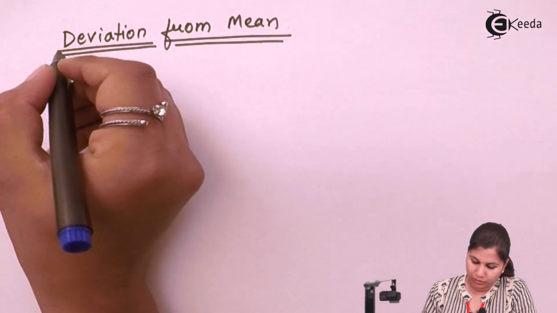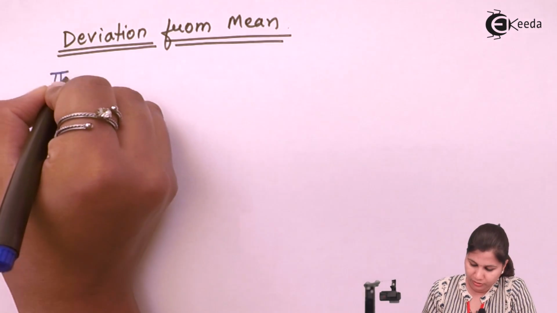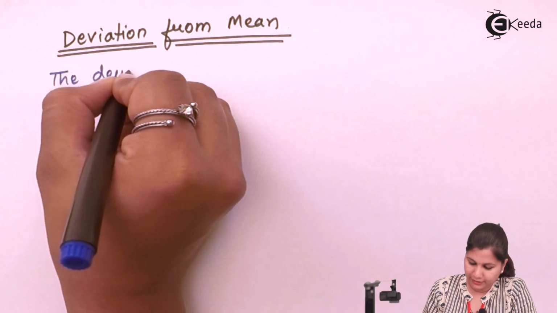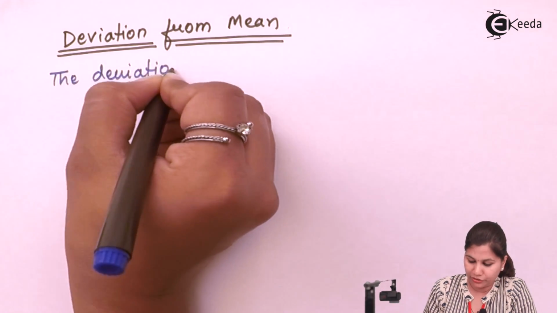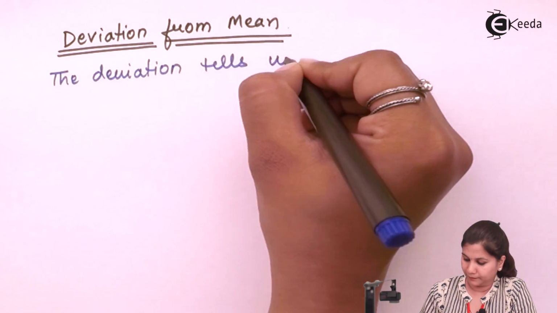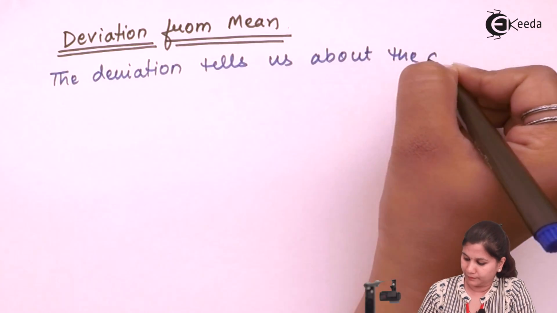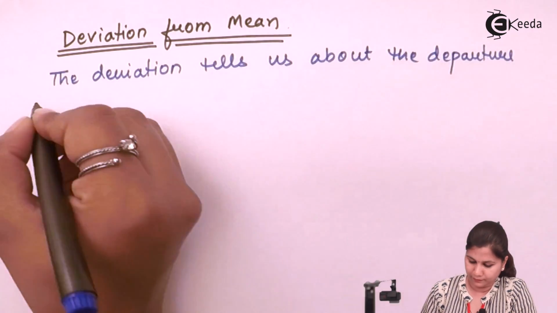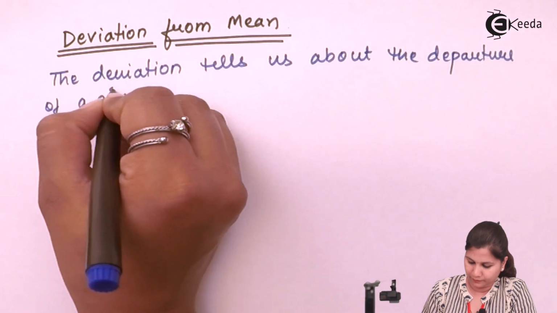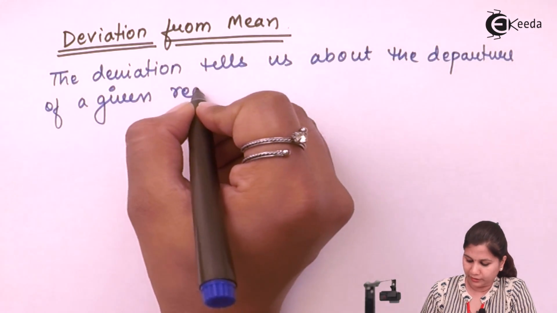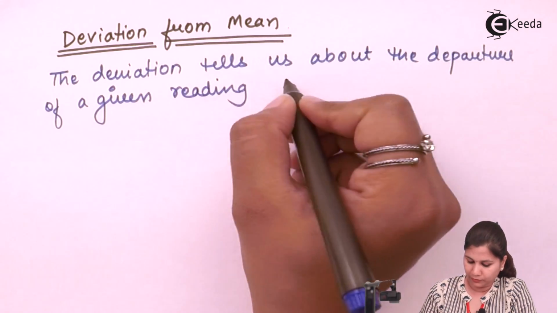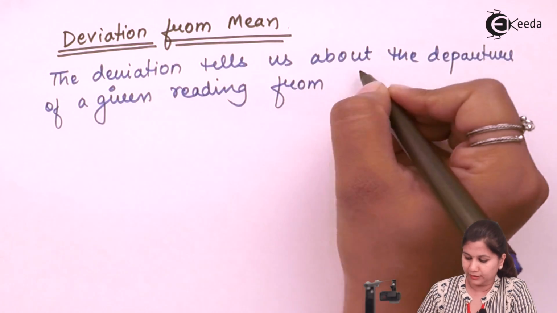So deviation tells us about the departure of a given reading from the arithmetic mean.